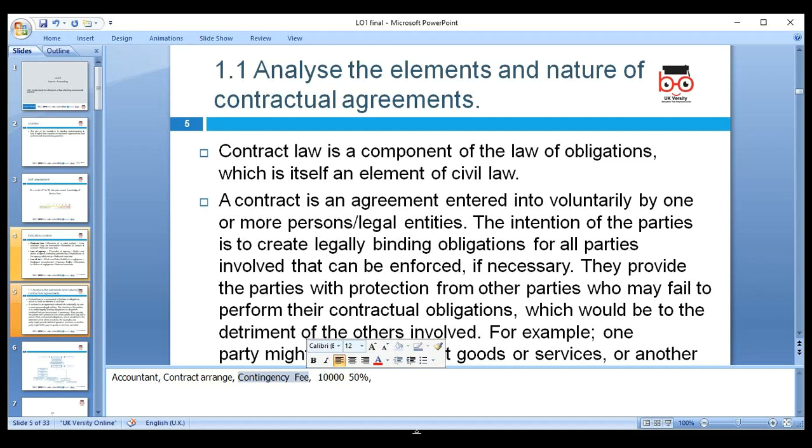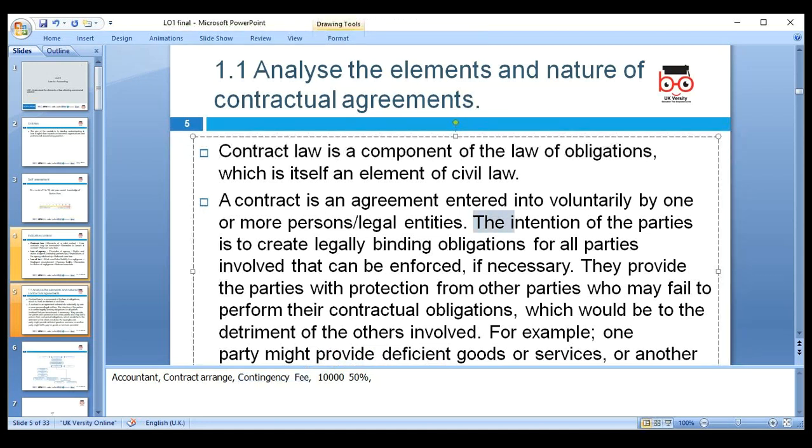By law you are saving my tax. But you can't take contingent fees, conditional fees, especially in accounts. You charge only fees for the hours you spend, whatever the amount, and it doesn't matter whether you save tax or not, because there is no link with it.